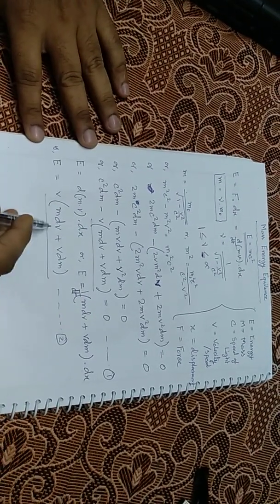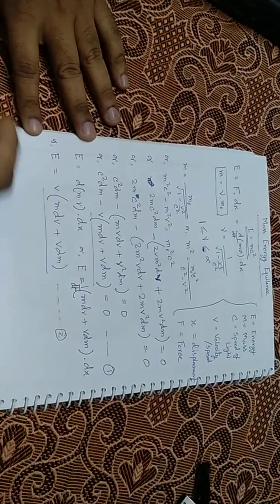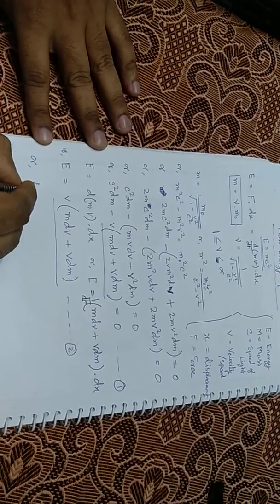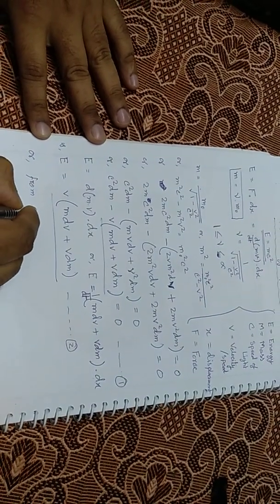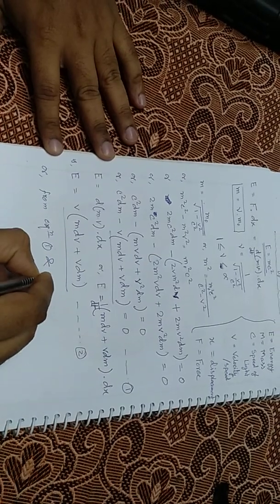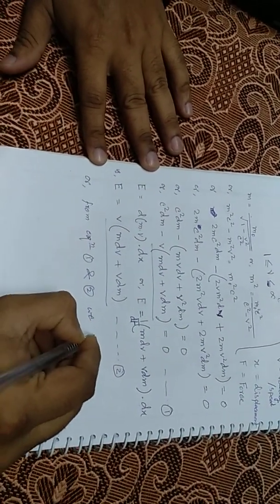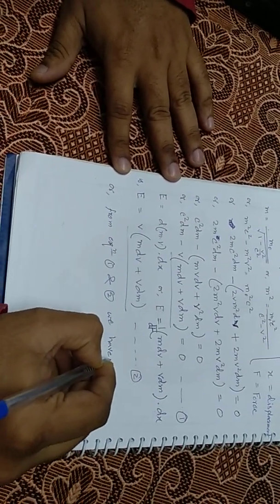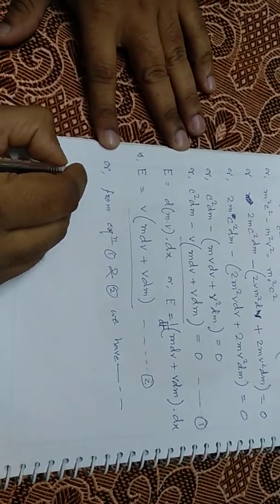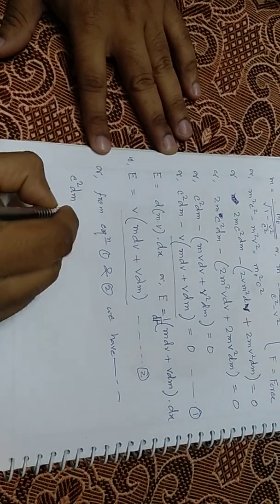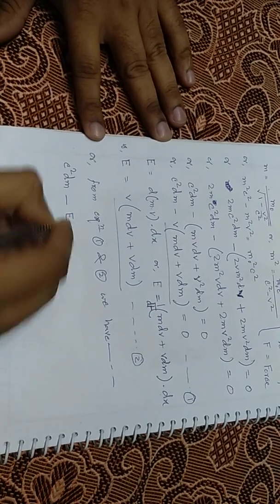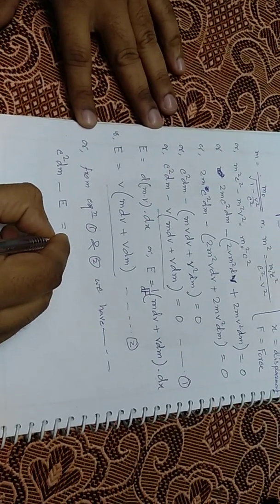So from equations 1 and 2, we have c square dm minus E, that is energy, equal to 0.